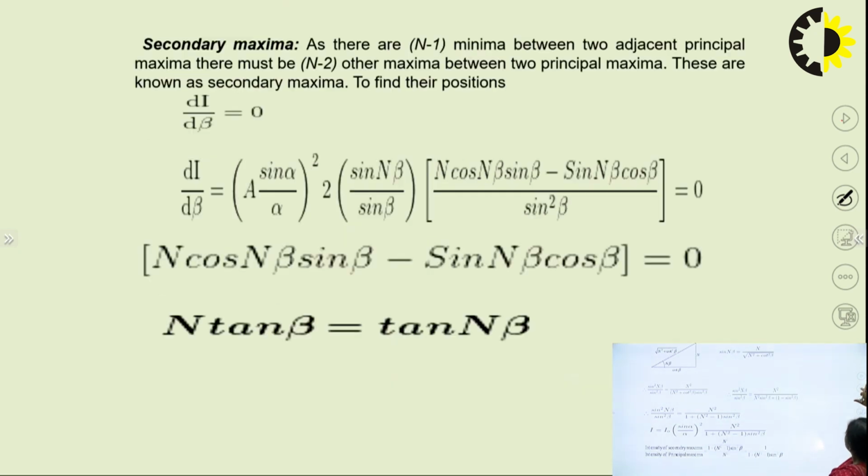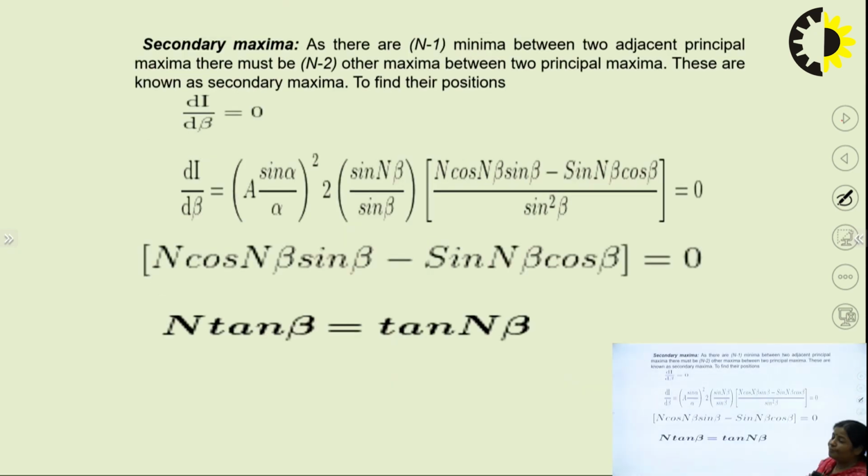We have selected a different way to find them, and the best way is that if intensity has a maximum or minimum, the differentiation would turn out to be 0. This part we have used.